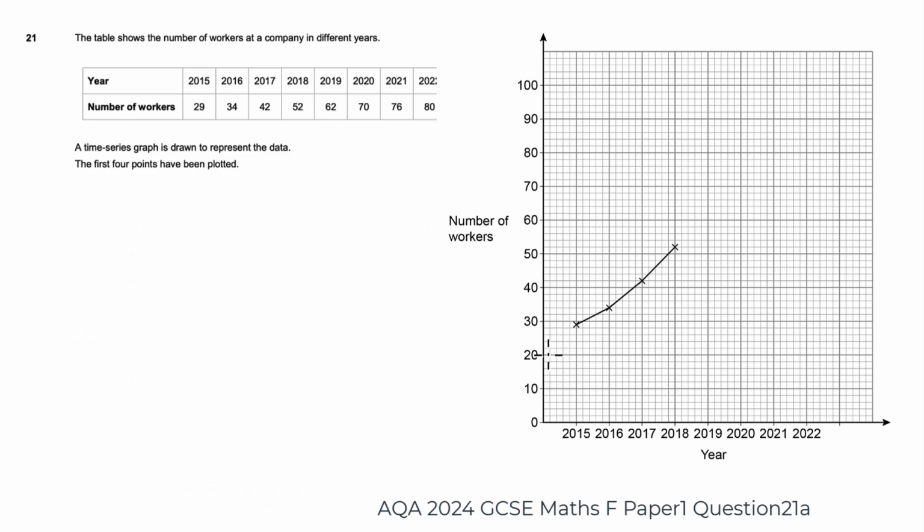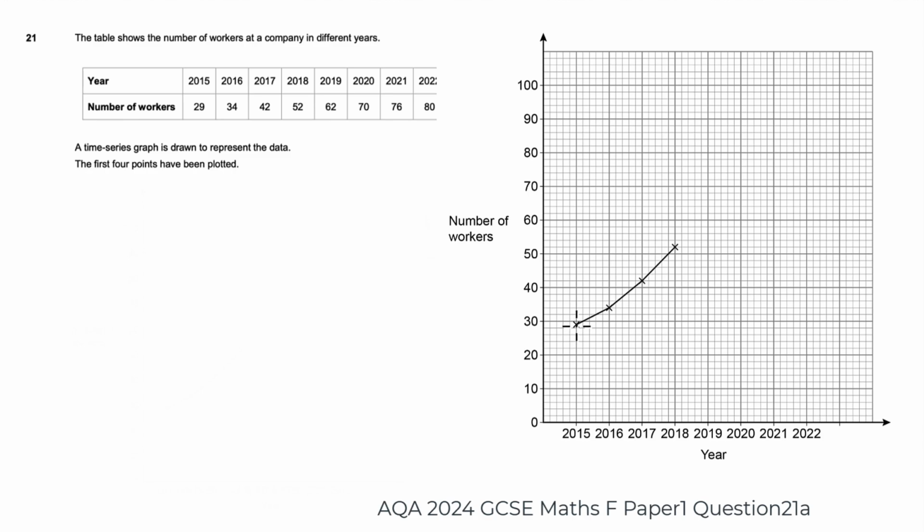And you'll notice there's 5 squares between 20 and 30, 5 squares between 0 and 10. Each square must represent 2. We get 2, 4, 6, 8, 10. So that's worth remembering. So the first 4 points have been plotted. Let's just check that. There's 10, 20. We're just half a square short of 30.